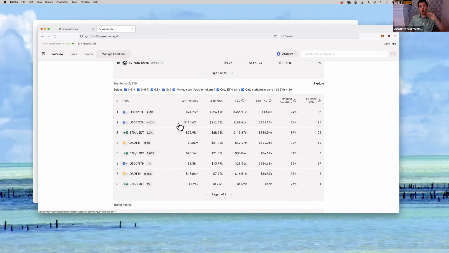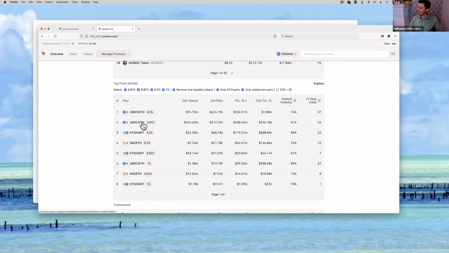In theory, they should all be the same instrument. ETH on the Coinbase exchange or ETH in Uniswap v3 should have the same characteristics, the same volatility, and should be priced the same way. But what we see is that there are tiny discrepancies between the different pools. So for instance, the 30 basis point has a slightly lower IV than the 5 basis point.